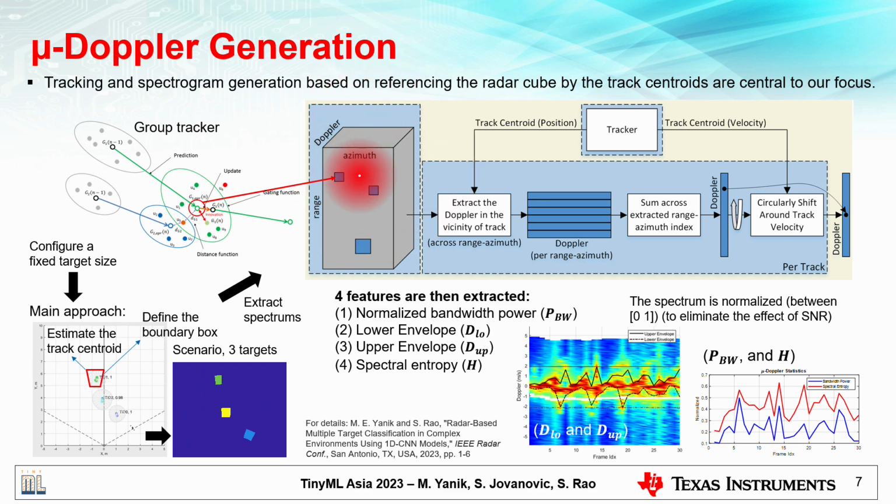Once we generate this micro-Doppler, we apply signal processing to extract some features. Just an example: instead of using the whole image, by using our signal processing accelerators on the device, we look at what is going on in the signature, how the signature changes at the upper side or lower side, how the Doppler is distributed, and what the spectral entropy is, for example.